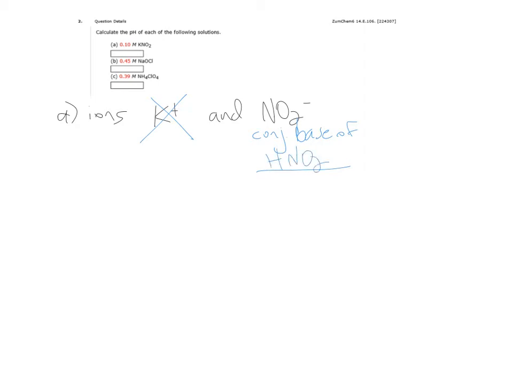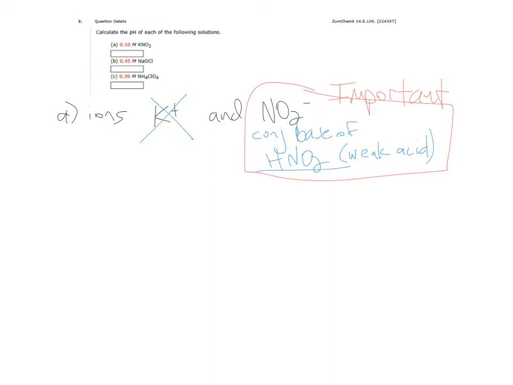That makes it HNO2. HNO2 is nitrous acid, not nitric acid, but nitrous acid, which is a weak acid. That means that NO2 minus is the important ion for this salt.